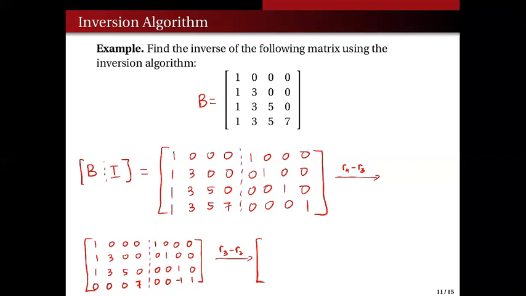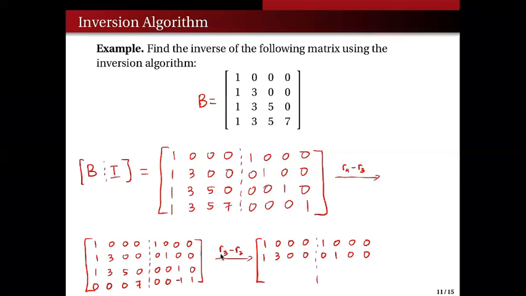We are just changing row 3. So for row 1, you have 1, 0, 0, 0, 1, 0, 0, 0. Row 2 will just be 1, 3, 0, 0, 0, 1, 0, 0.